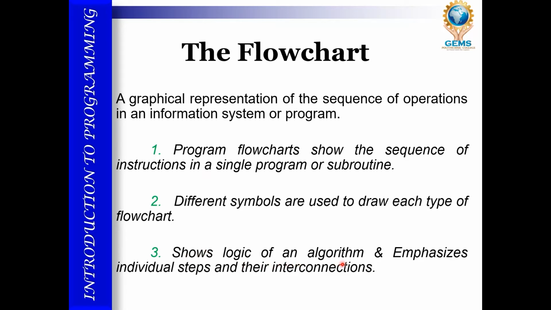What we have written in the algorithm can be represented pictorially with some logic, emphasizing individual steps and their interconnection. Each symbol has its own value and identity, but all are interconnected with one another.